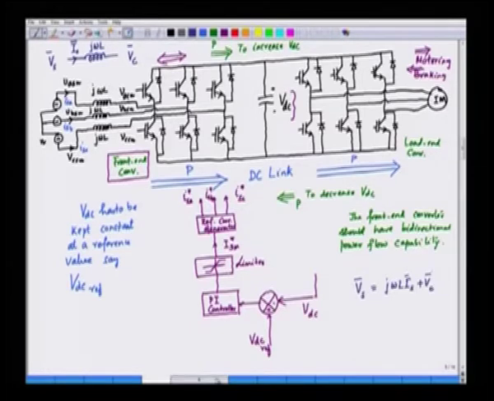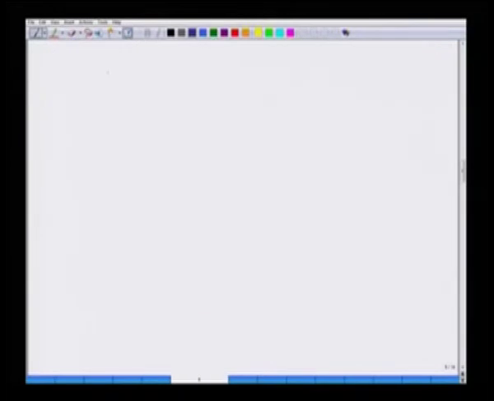So, if we see it in a little more detailed way, we have a system in which we are having a voltage here, that is the source voltage, and then we have a reactance, and then we have the converter voltage, and the current is coming from the source, this is Is, and this reactance is j omega L. So, this is our single line diagram, the per phase equivalent circuit.